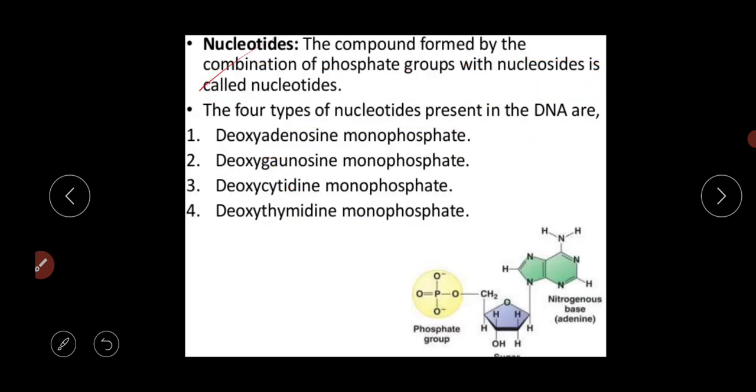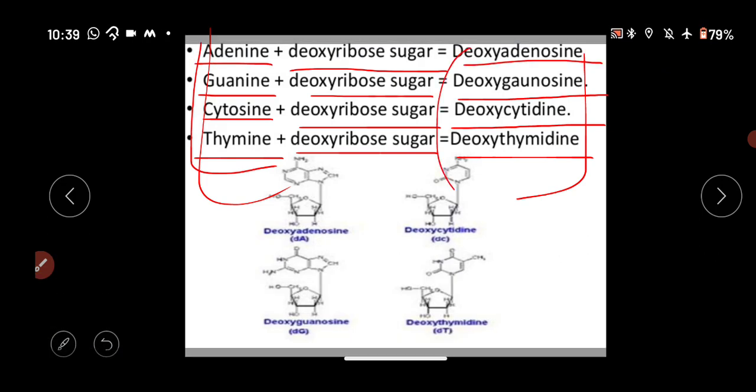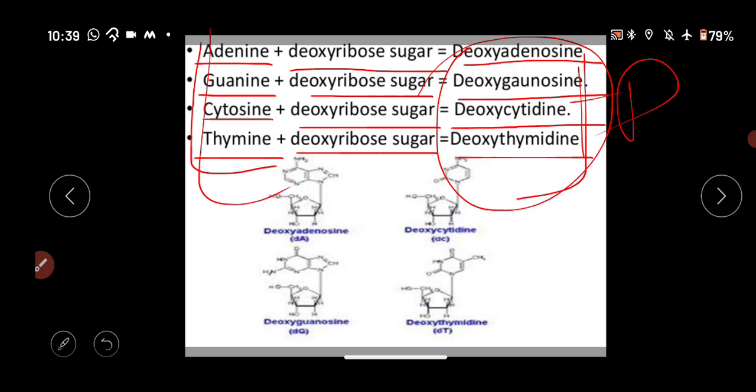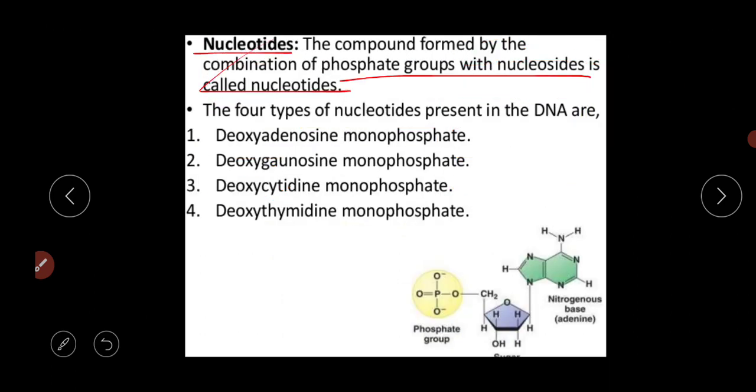Next is the nucleotide, the compound formed by the combination of a phosphate group with the nucleoside. So these are the nucleosides. When a phosphate molecule joins with each nucleoside, that forms the nucleotides, and DNA is formed with so many nucleotides.